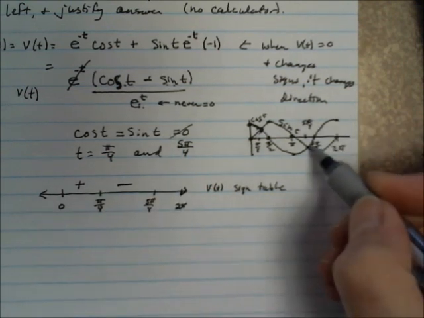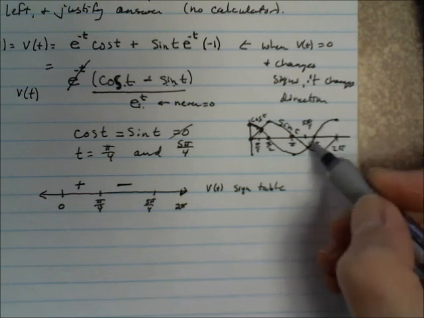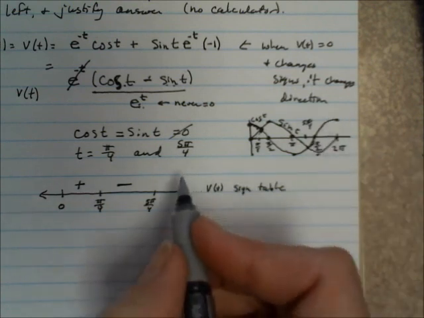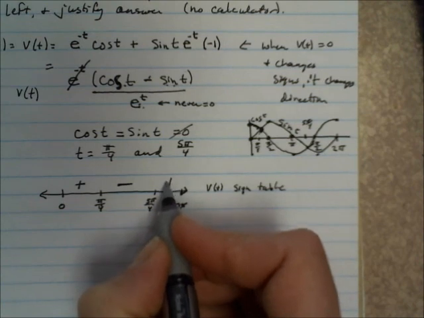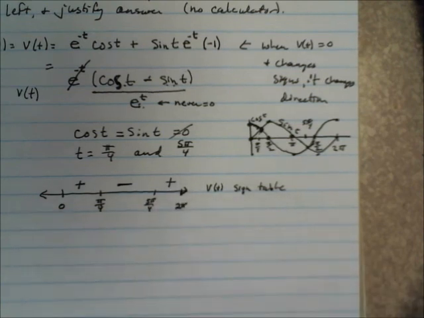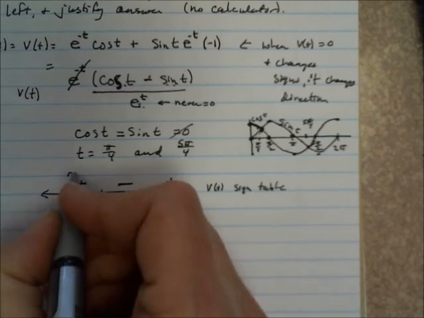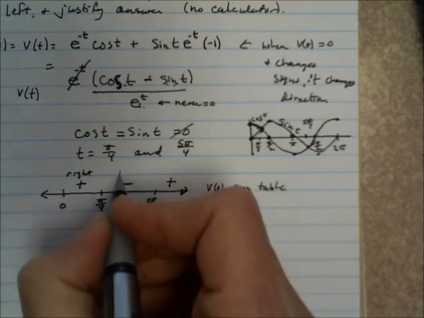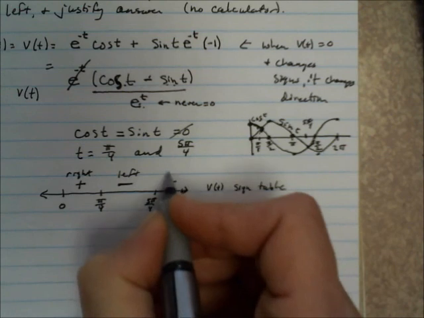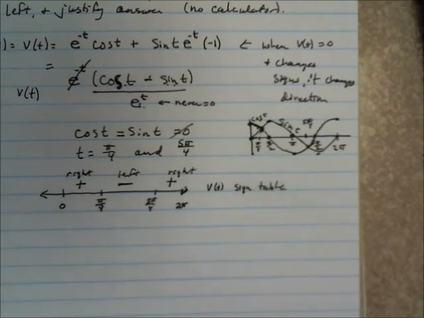And then we move to here where the cosine is greater than the sine, and so again we have a positive value. So what happens to the particle? It moves to the right, then it moves to the left, and then it moves to the right.